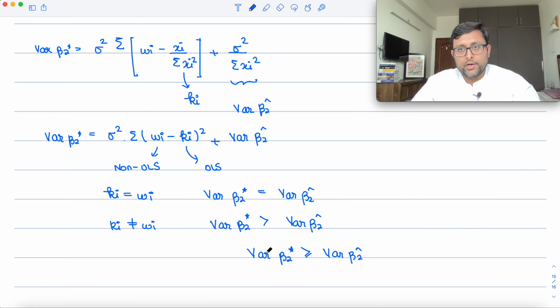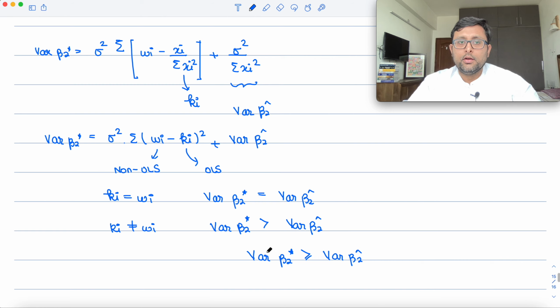Even though the other estimator is linear and unbiased, its variance is more. This is what the Gauss Markov theorem is. You have to do these two recordings in order to understand the Gauss Markov theorem completely. Thank you.